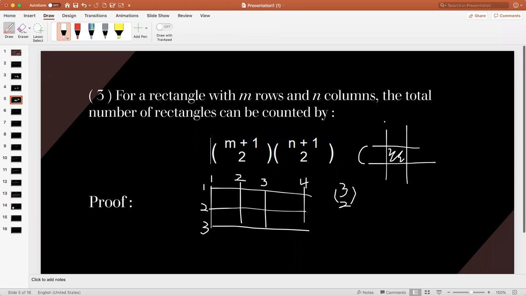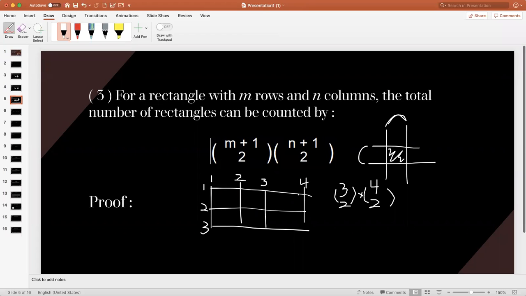We choose two out of those four vertical lines, and the two vertical lines we choose will be the two vertical lines to make that rectangle. So we have four choose two vertical lines, and then we can compute this value for the total number of rectangles we could create out of this 2 by 3 grid.